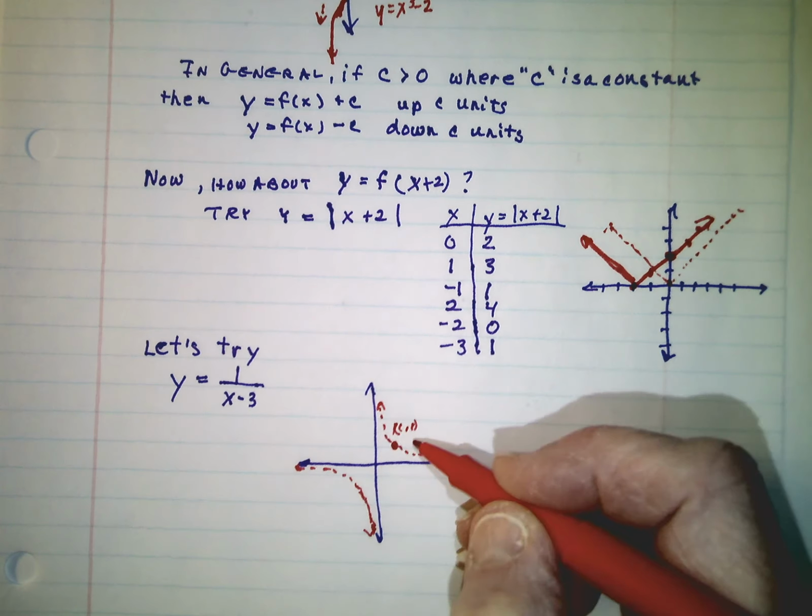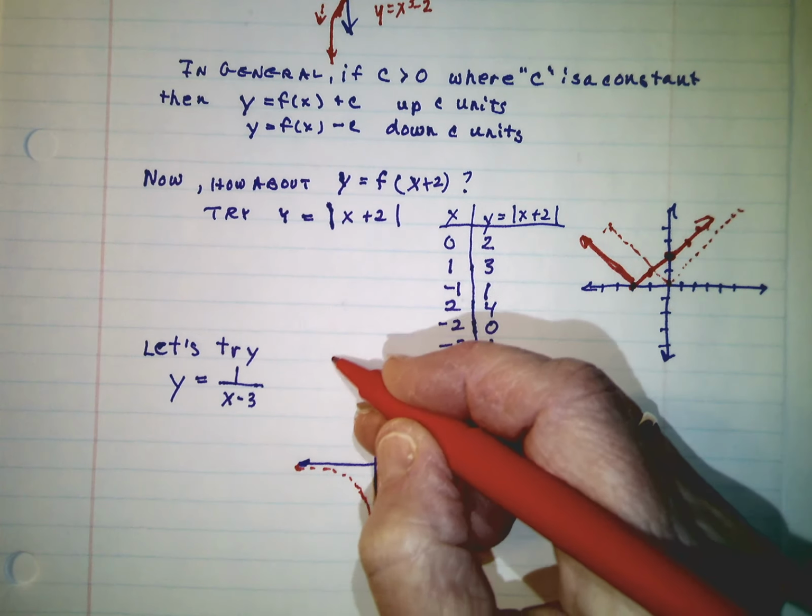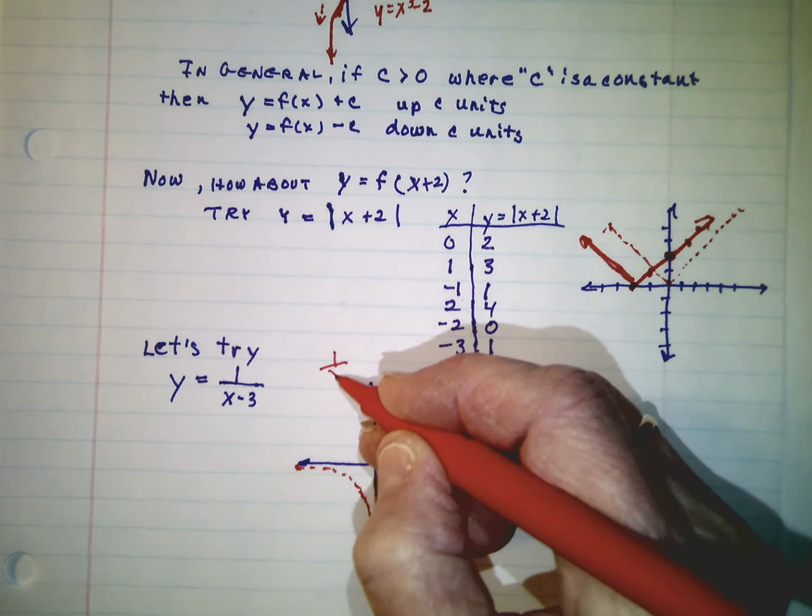Because for the original one, the original parent function is y equals 1 over x. If we put in a 1, 1 divided by 1, we come back out with 1. Now, it looks like we should move this to the left, but we're going to compensate.